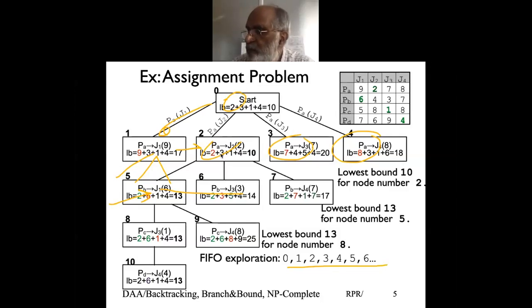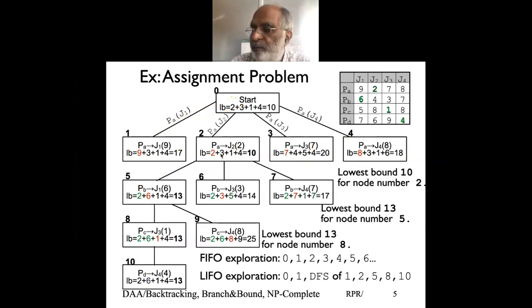And if it is LIFO, that means I'll start from here, explore this, explore children of this, explore further children of that, and then backtrack, and this is what LIFO is.